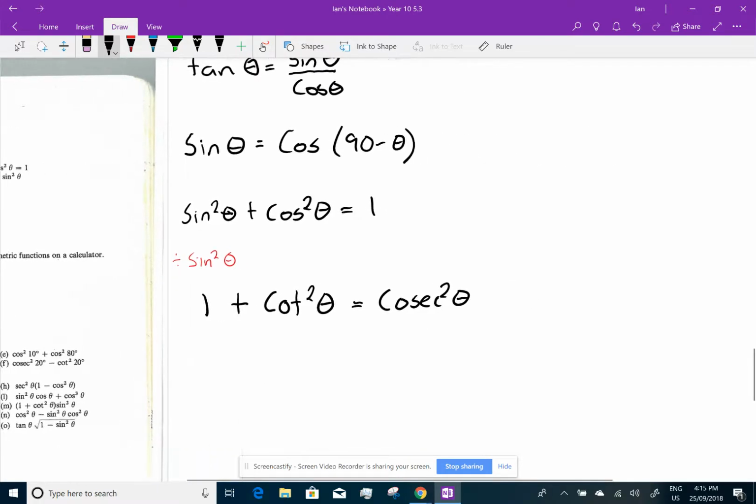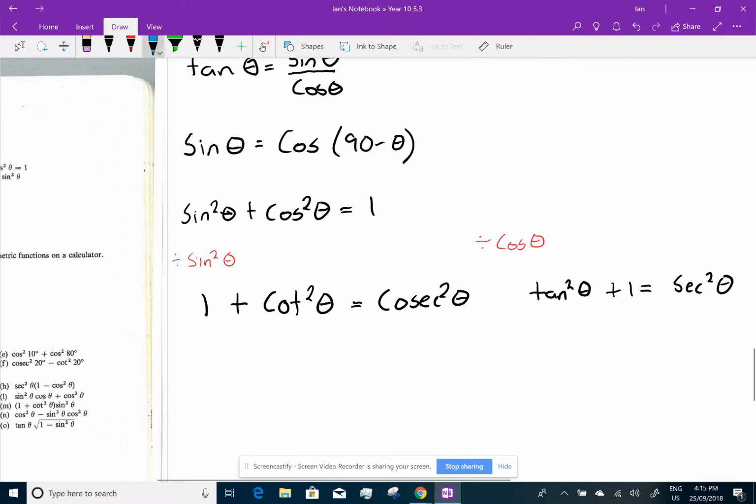And if I go the other way and I divide by cos squared theta, what do I get? Well, I get tan squared theta plus 1 equals sec squared theta. And I'll be able to get versions of those.